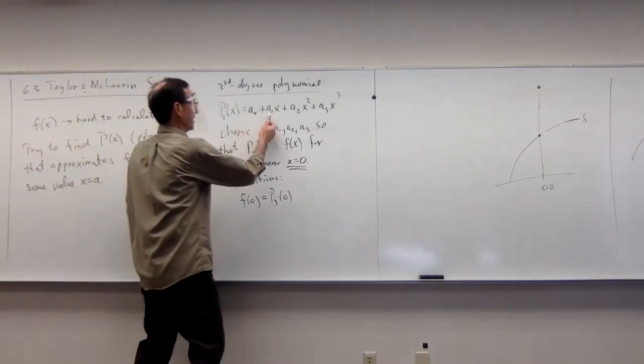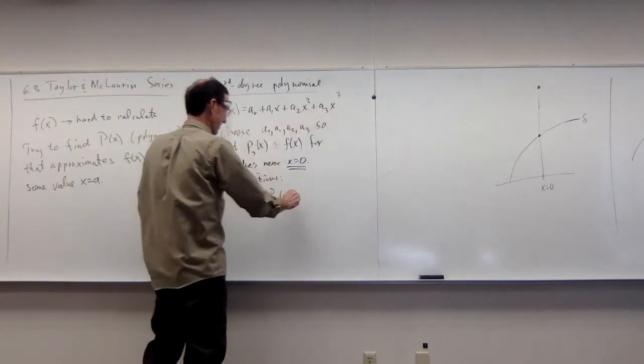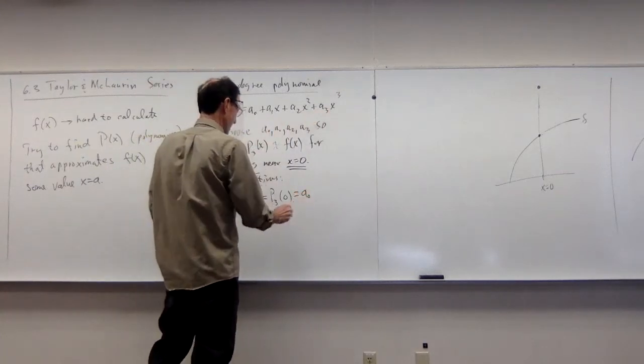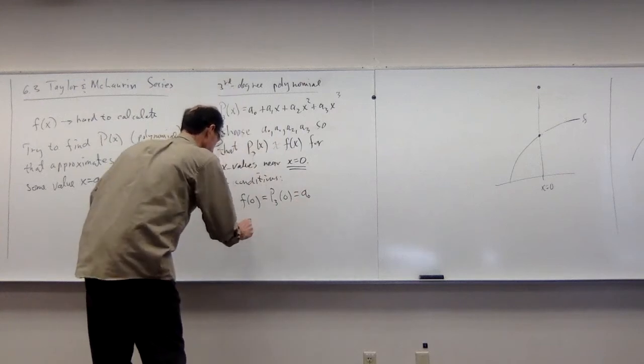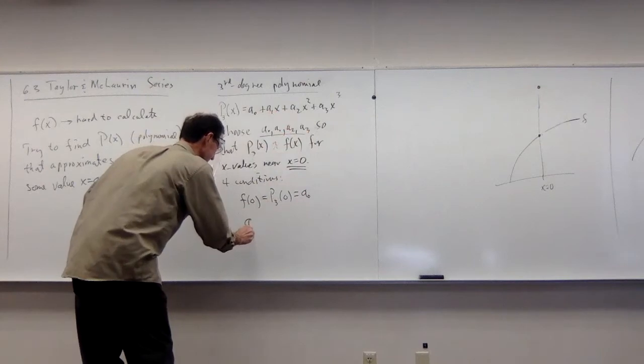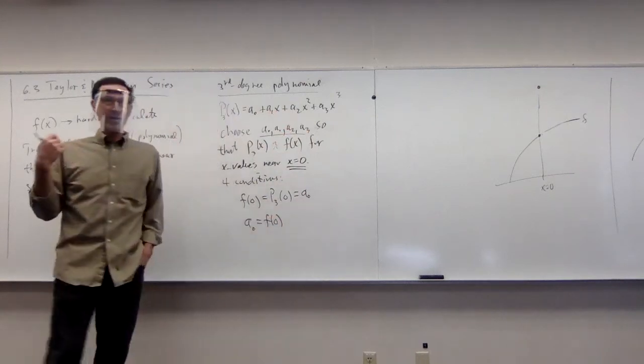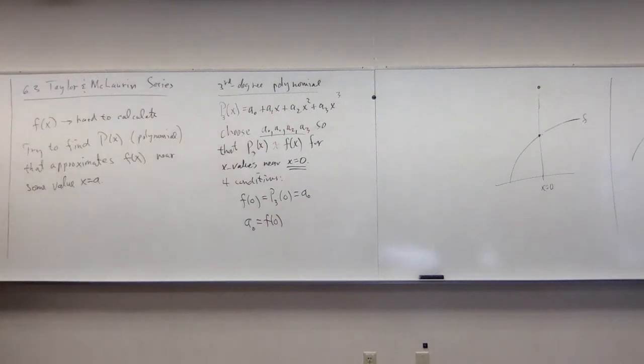And if you plug in 0 into P3 of 0, the only thing that survives is a0. So we're looking for 4 constants, and we found one of them. a sub 0 has to be the function at 0. 1 down, 3 to go.